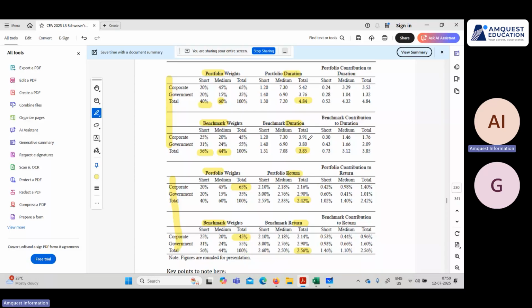We said that if I believe that the yield curve is going to go down, then I will go long on long-term bonds. Yes? Yeah. This I got. How do you know it's flattening? No, it's not flattening. Okay, it's just going down. Yeah, that I got. Yeah, so I'm saying I believe that the interest rates, the yield curve will go down. Yeah, clear.